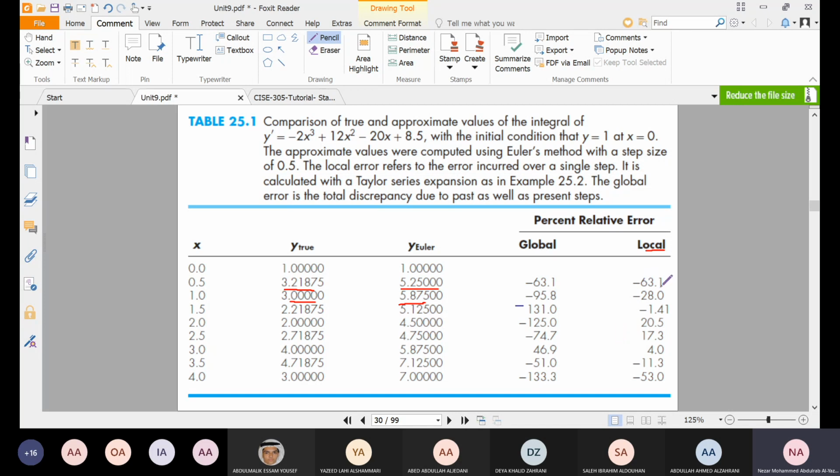The reduction that we get in the local error is because it is power h square. If we reduce the step size, that means instead of 0.5 we reduce it to 0.25, then this error is reduced over 4. That means this error is divided by 4. Here we start from 63, so divide this by 4, and you have the new result.